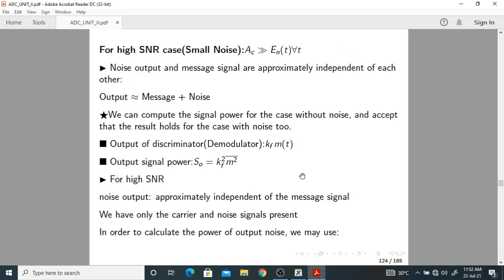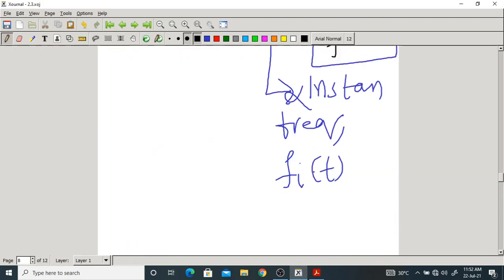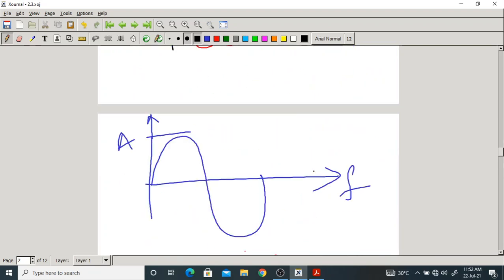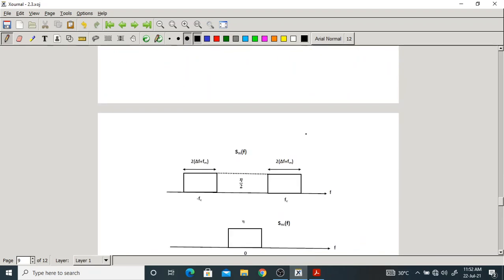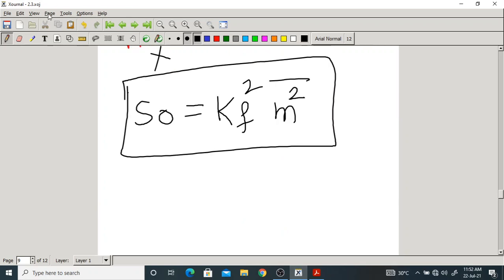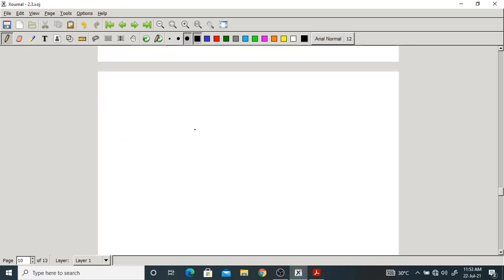So that is about signal power. So how to find noise power? While finding noise power, we assume that there is no signal, there is no message signal. Let me write properly here. So to find out noise power, what do we assume? First of all, what is the input to the discriminator?